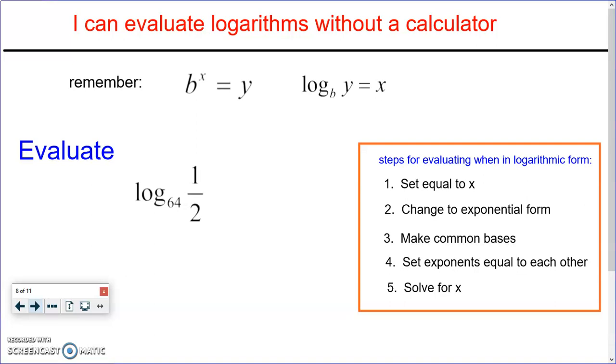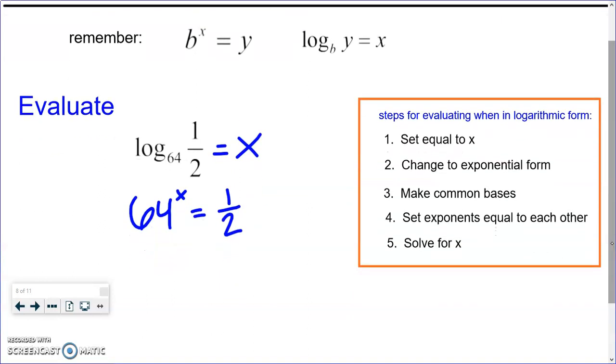All right, here we have log base 64 of 1/2 equals x. I misread that, but we can rewrite it as 64 to the x equals 1/2. Before we were saying what number times itself, how many times will give us our value, but this time we want to do the opposite. We want to take a root, so the root of 64, not the square root this time, but in this case we're going to do the 6th root, because we know 2 times itself 6 times will give us 64.